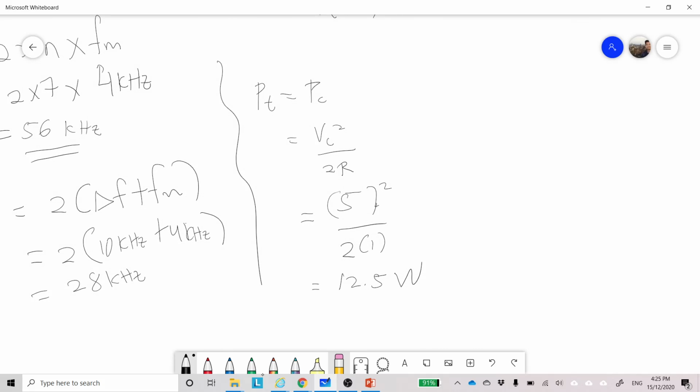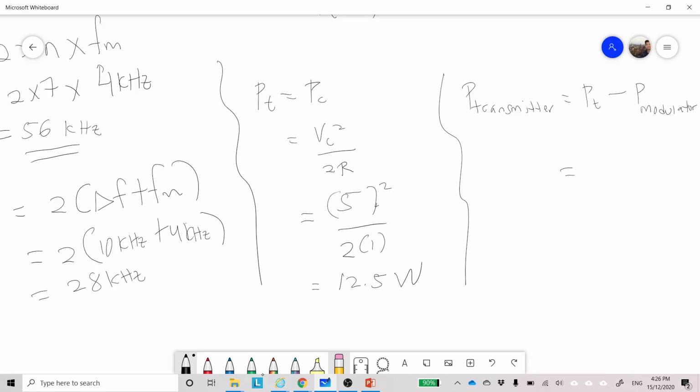Okay, hasil tolak. Okay, so P transmitter is equal to P total minus P modulator. Okay, because P transmitter plus P modulator, you're gonna get the total power.